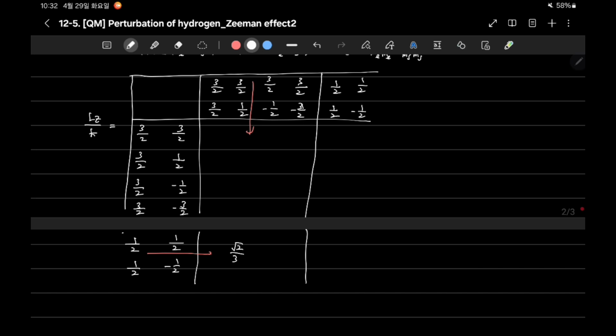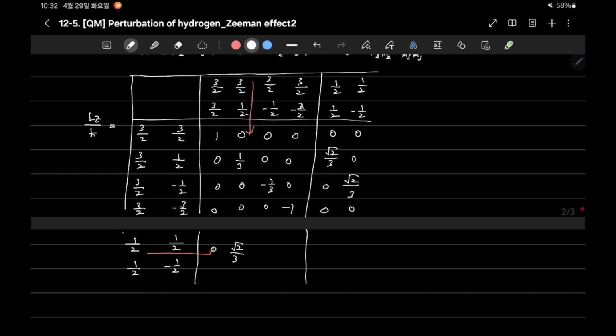So the result of these bases, I will write down: 1, 0, 0, 0, 0, 1/3, 0, 0, 0, 0, minus 1/3, 0, 0, 0, 0, minus 1, and 0, 0, square root 2/3, 0, 0, square root 2/3, and 0, 0.